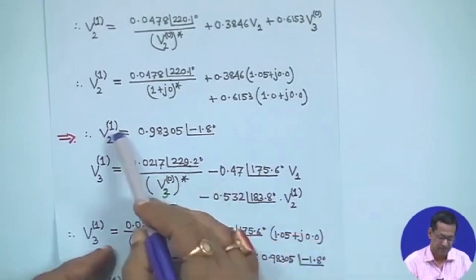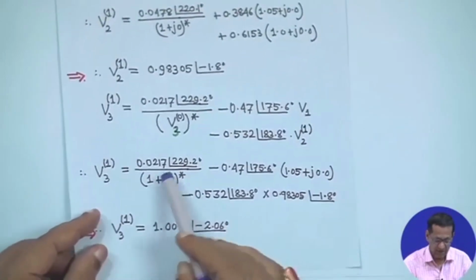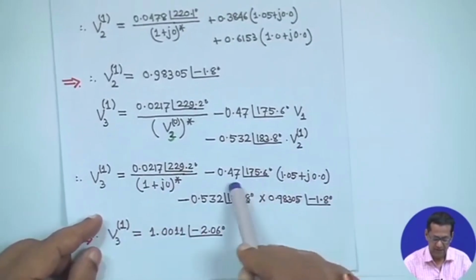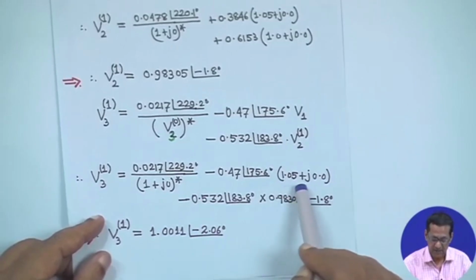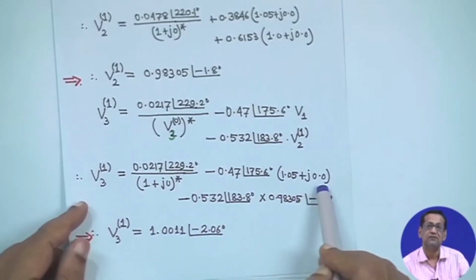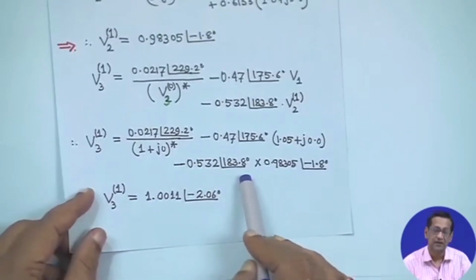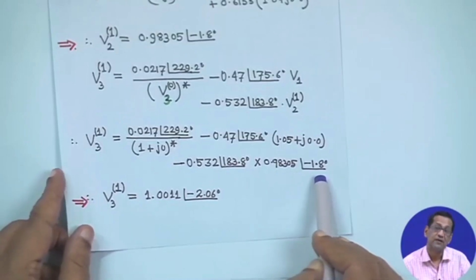So, here V 2 1 is this one. Then you substitute: V 3 is 1 plus J 0 conjugate, and minus 0.47 angle 175.6 degree into 1.05 plus J 0, and minus 0.538 angle 183.8 degree into 0.98305 angle minus 1.8 degree.